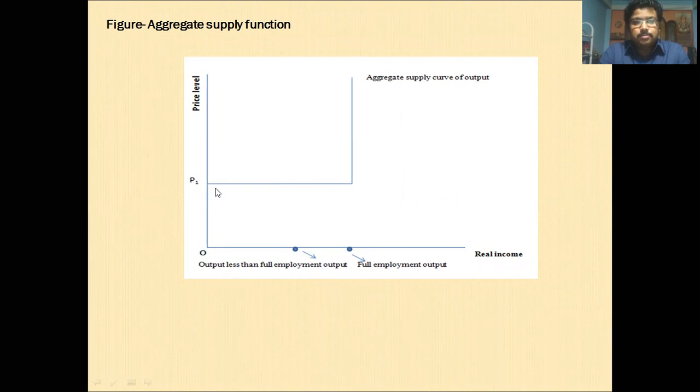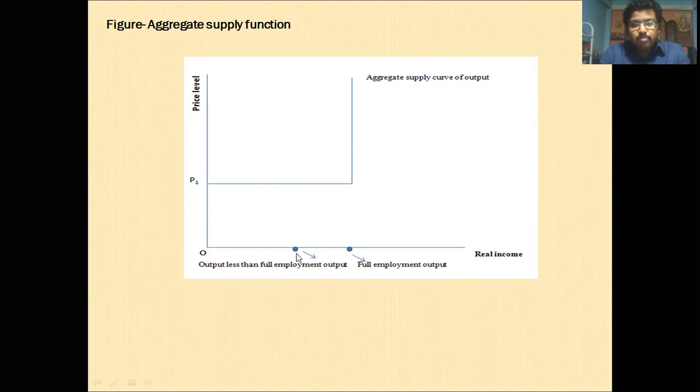Here, price is fixed at P1 up to full employment, but after full employment, the price level is increasing. After full employment, there is no chance of more than full employment output. So here the aggregate supply curve is vertical.